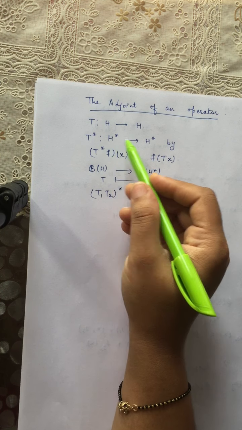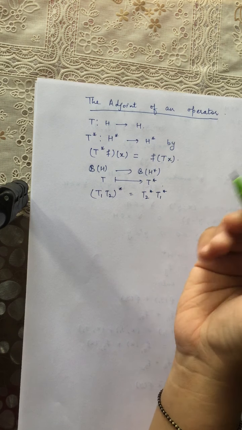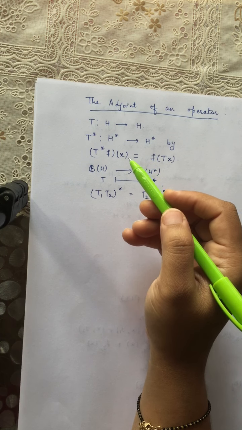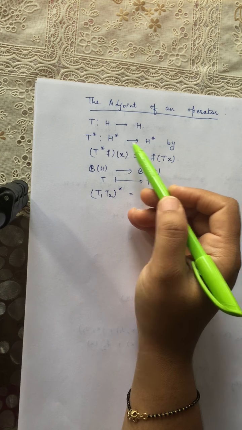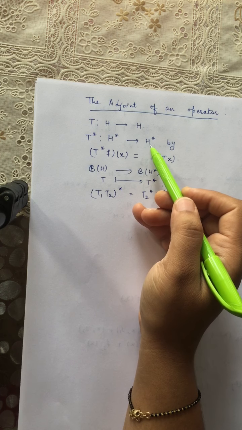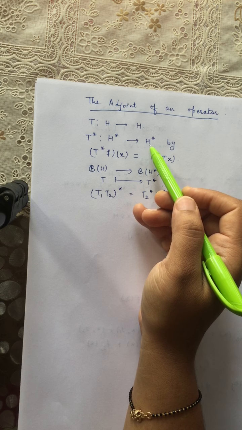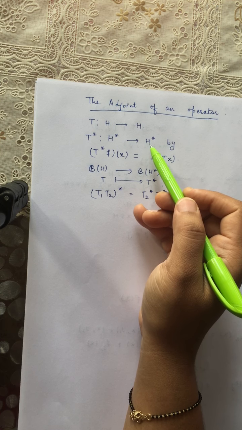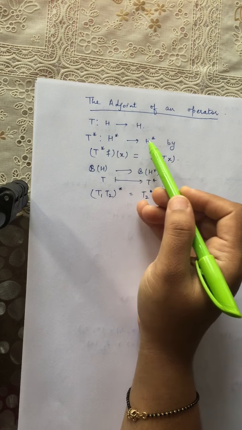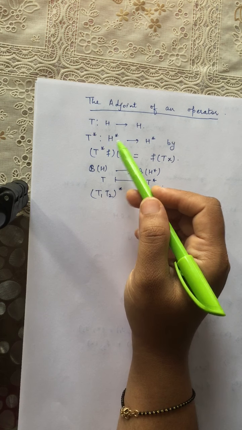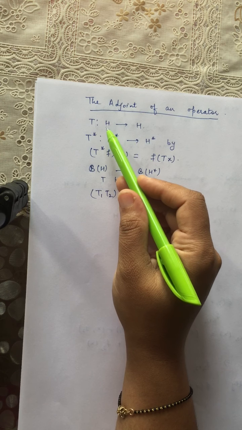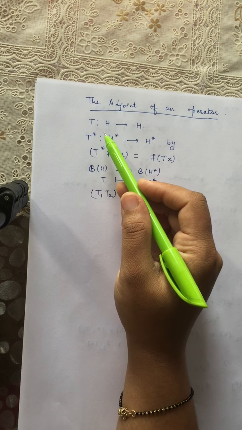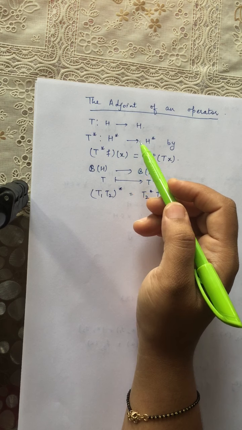Let us say the image of fy is fz, because again we have proved that for any functional there exists a unique vector. So for that image functional we can find a unique vector z for which that functional is equal to fz. So fy goes to fz under this T star, and because fz is a functional, z is a vector in H. So for a y in H we can find a unique z in H.